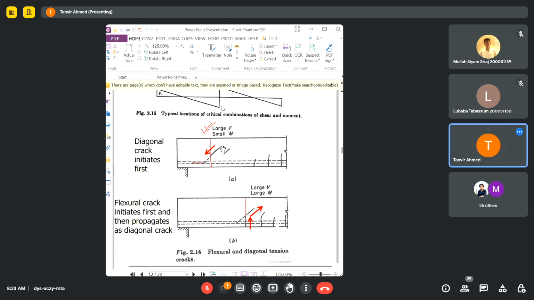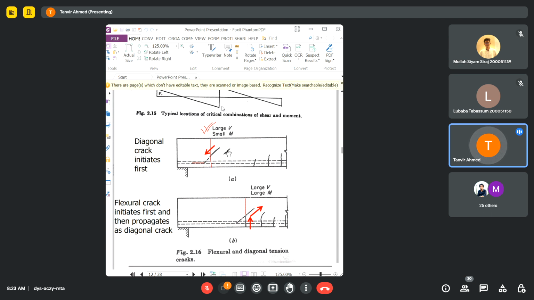Why that is, we will discuss a little later, inshallah. But for now, it will be good for you to understand that if the beam is deep enough, then the crack will move upward, but at a certain point it will stop moving further to the top.